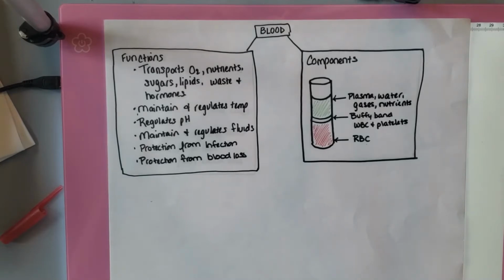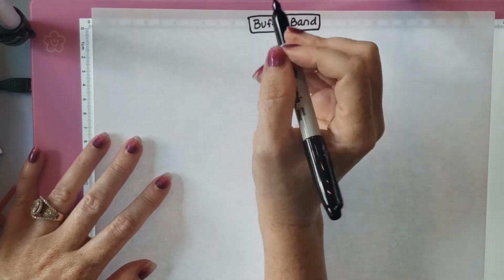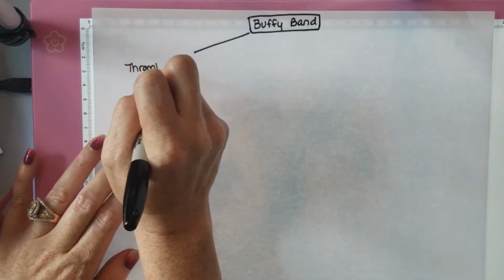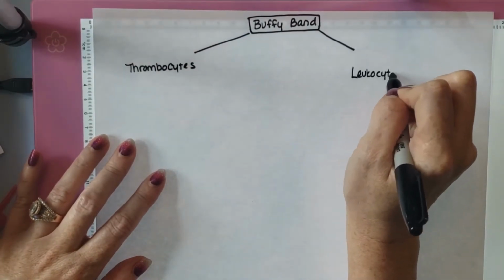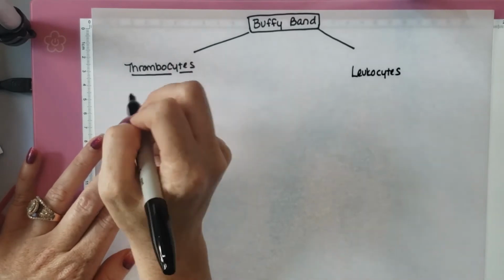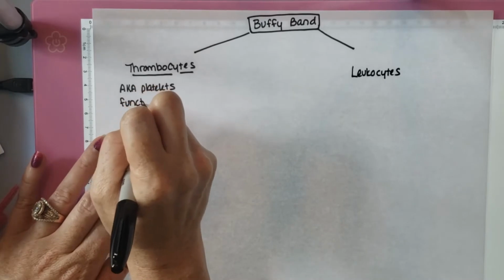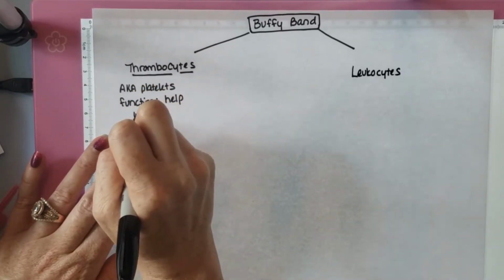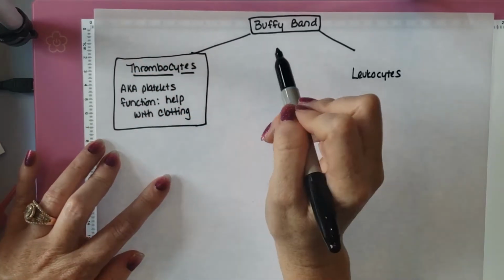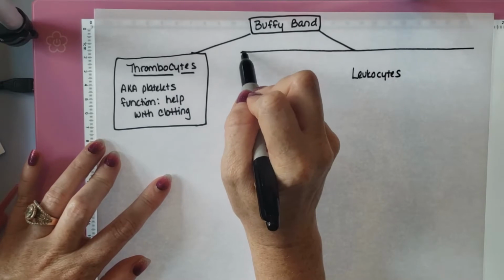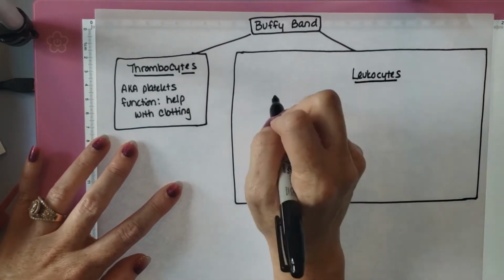Okay, so next we're going to talk specifically about the Buffy bands. All right, so if you remember, the Buffy bands are composed of the thrombocytes and the leukocytes. The thrombocytes are platelets, whose function is to help with clotting. And the leukocytes are the white blood cells, as you remember, but they have a lot of different sections.